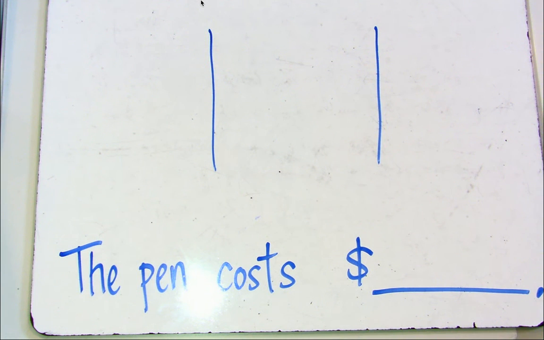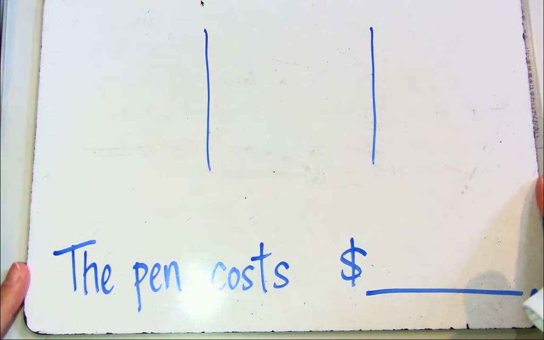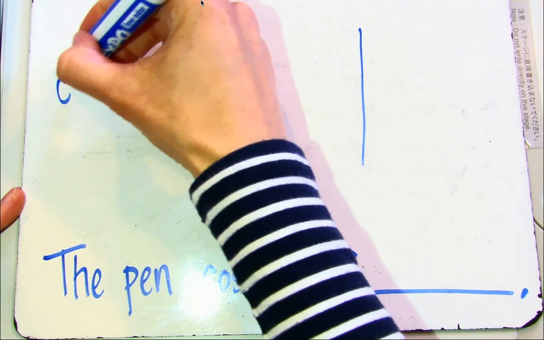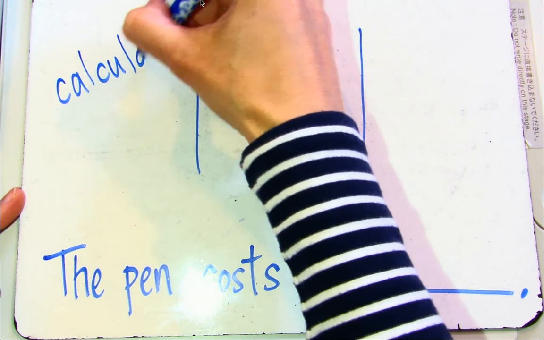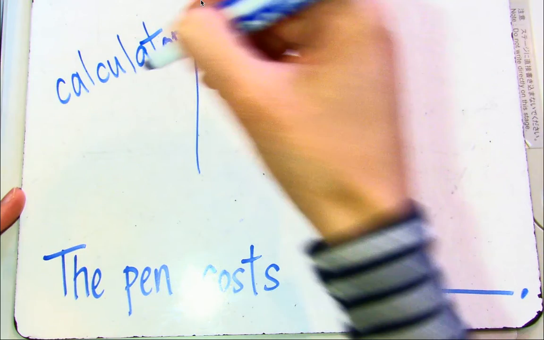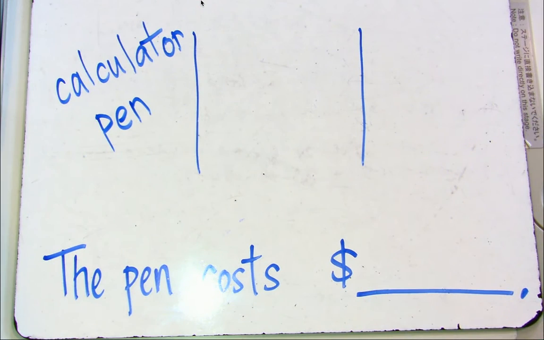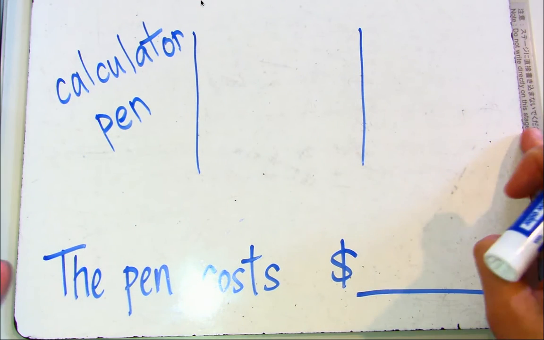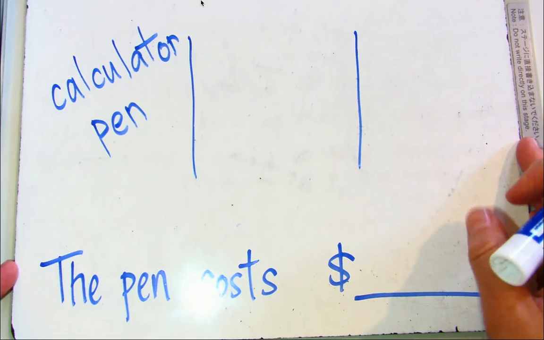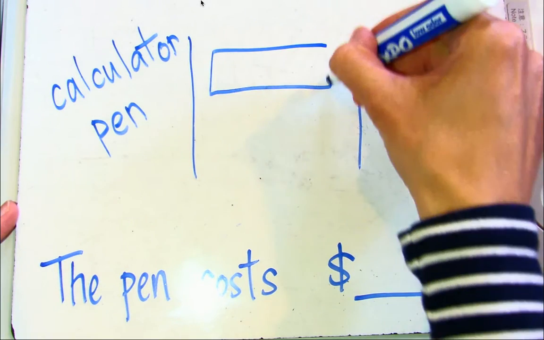We're talking about how much a calculator costs and how much a pen costs. So the price of a calculator and the price of a pen. And because we are comparing, we're kind of thinking about one of them costs more and one of them costs less. Let's draw 2 unit bars.